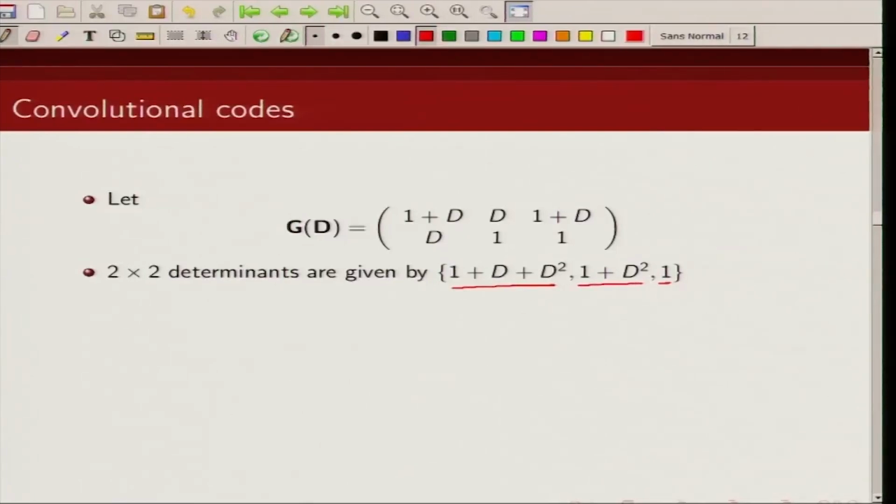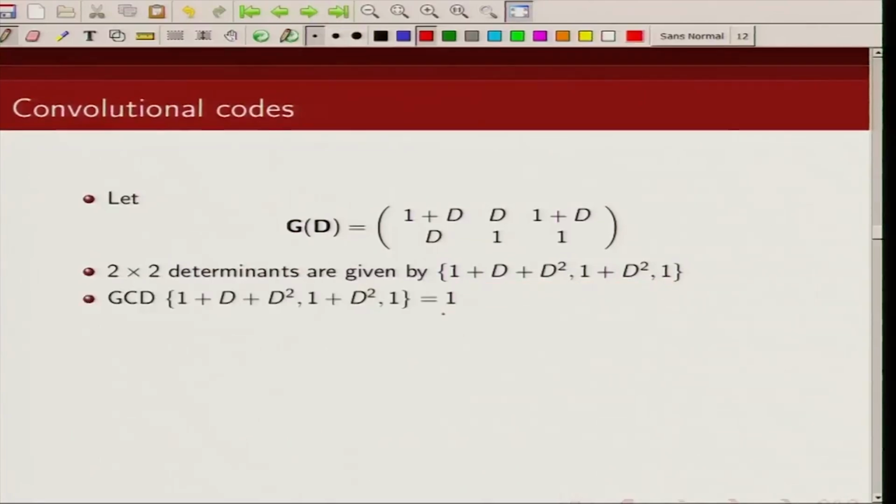Now, we need to check what is the greatest common divisor among them, and in this case the greatest common divisor is again 1. So, these determinants of these 2 cross 2 submatrices do not have any term common among them.